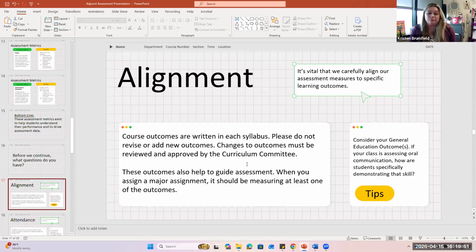We are supposed to push those through a curriculum committee. So if you get your previous syllabus for the course you're going to be teaching and you feel like the outcome should be changed, there's a couple of people that you could talk to, and they can help you go through the process and the curriculum change if it's needed.